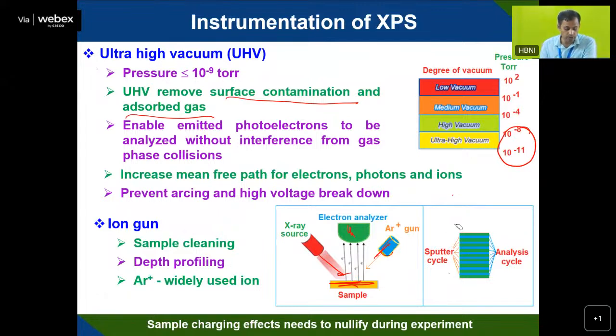By argon etching the top layer will be removed, and then you can see the layer below, and so on. Argon plus is the widely used ion, mostly for ion guns, with a sputtering cycle and analysis cycle, so you can see all this information using an X-ray source of this particular energy.